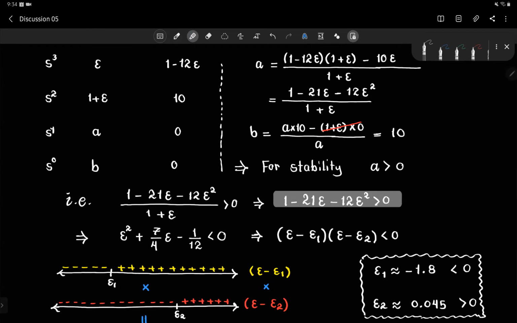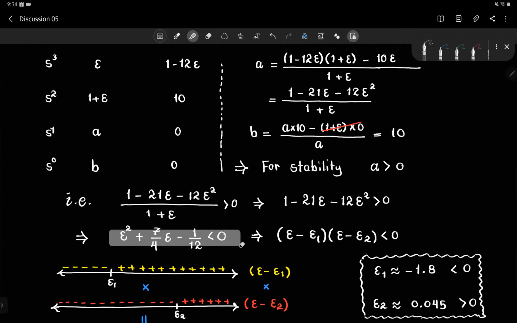1 minus 21 times epsilon minus 12 epsilon squared has to be positive. If we multiply both sides by negative 1 over 12, we get this expression, and notice that we reversed the direction of the inequality. So this is a second order polynomial.